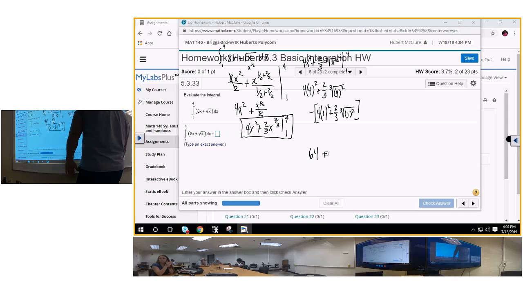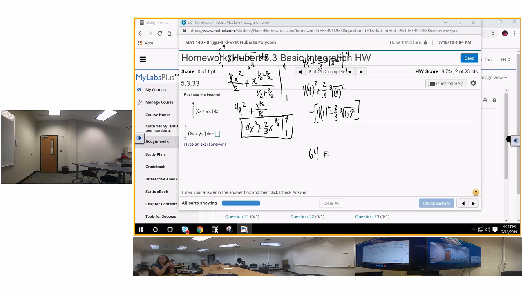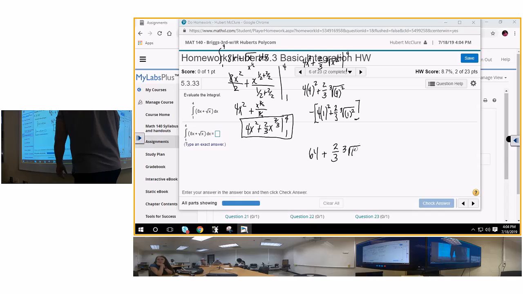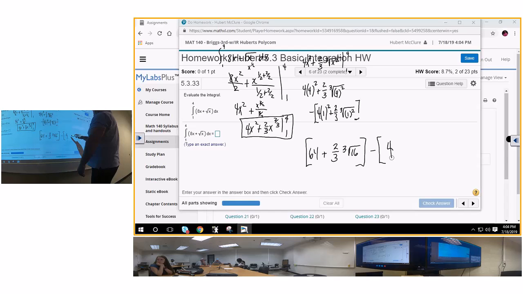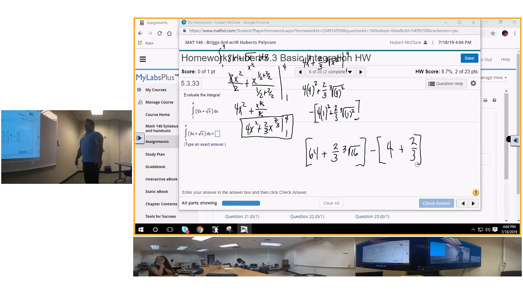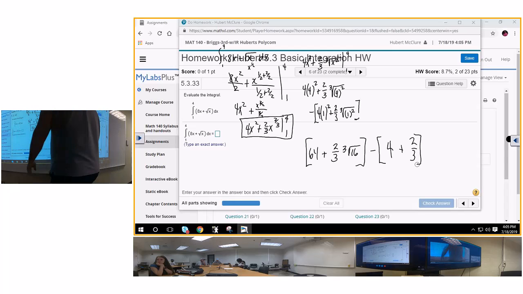The cube root of 16 is going to be a mess, so we're going to put 2/3 times the cube root of 16, and we'll get back to that in just a minute, minus 4 times 1 is 4, plus 2/3, because you can't do anything with 1, much less take the cube root of it. Square of 1 is 1, so cube root of 1 is 1, so it's not a big deal.